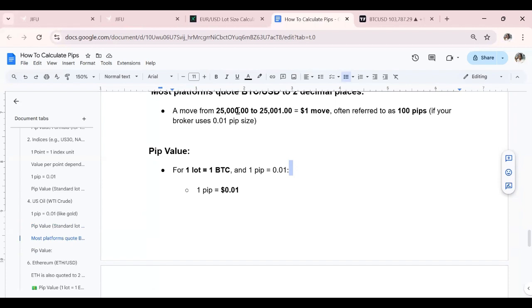Like here now, it moved from 25,000.00 to this 25,001.00. This is 100 pips. Please, can you see it? Can you just confirm that you understand this?